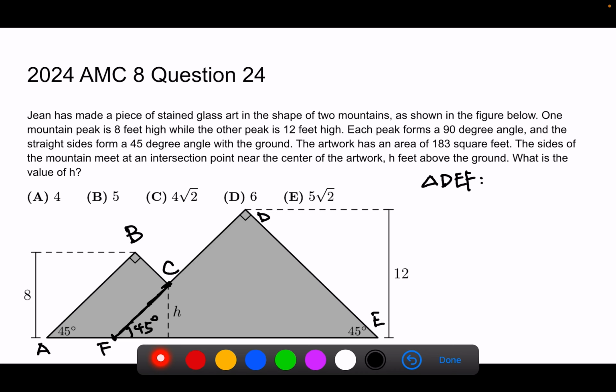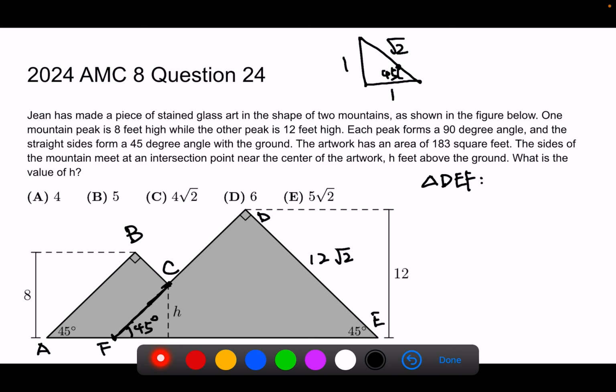Now, I know the height is 12, then DE will be 12 times square root of 2. That is because when you have this 90-degree, 45-degree right triangle, the relationship between the sides and the hypotenuse is 1, 1, root 2.